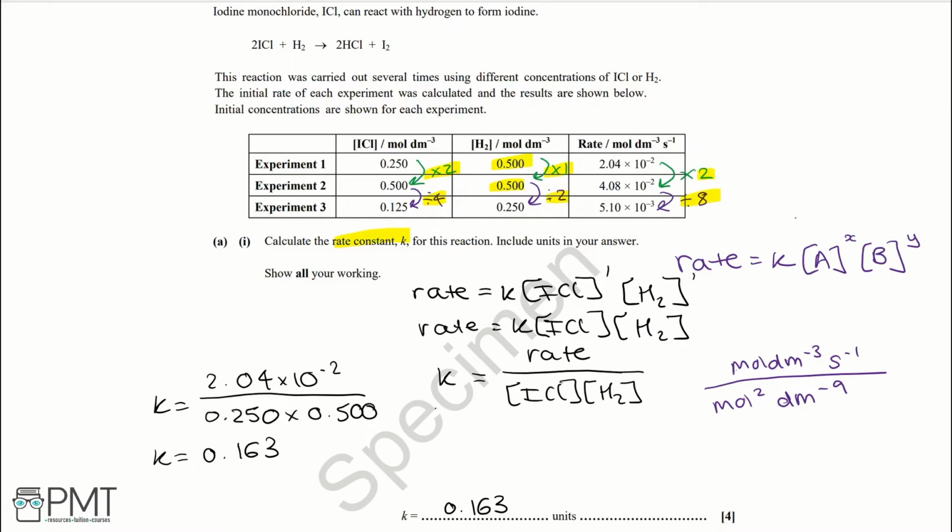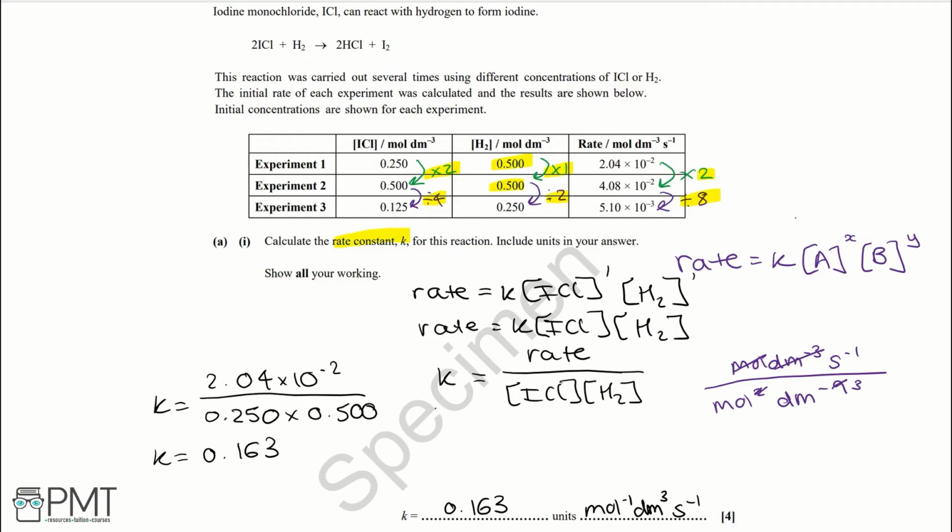So we can eliminate one of the moles and one of the dm^3. That's going to give us units of mol^-1 dm^3 s^-1. And this is how you answer the question.